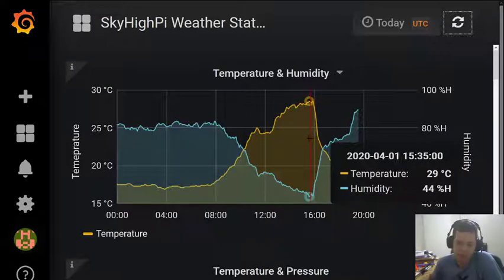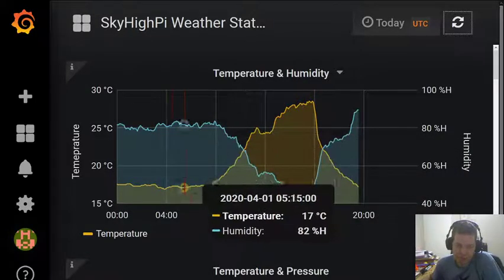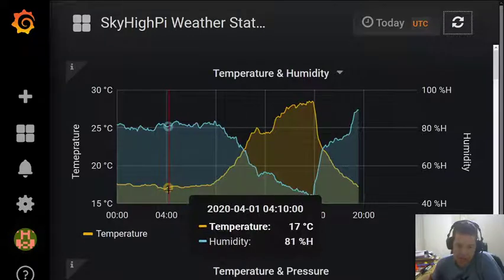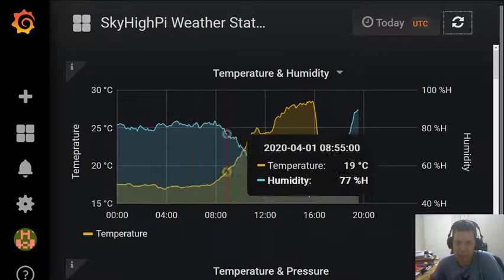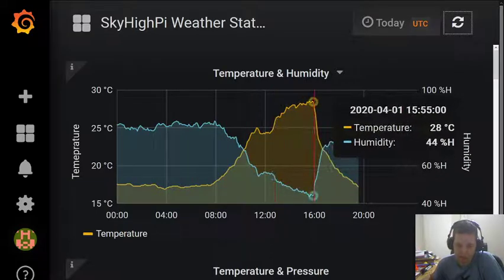If you compare that with the relative humidity, when the air temperature was very low, the relative humidity, the blue line, is very high. And when the temperature gets very high, the relative humidity is extremely low. That's what you would call an inversely proportional relationship, where the one is high and the other is low, and vice versa.